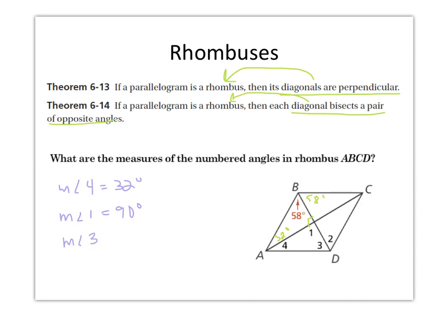So measure of angle 3 is going to be 58 degrees. And again, if that diagonal from B to D bisects angle D there, then if angle 3 is 58, the measure of angle 2 is also 58 degrees. Okay, so we're using our properties of rhombuses to get those angle measures there.